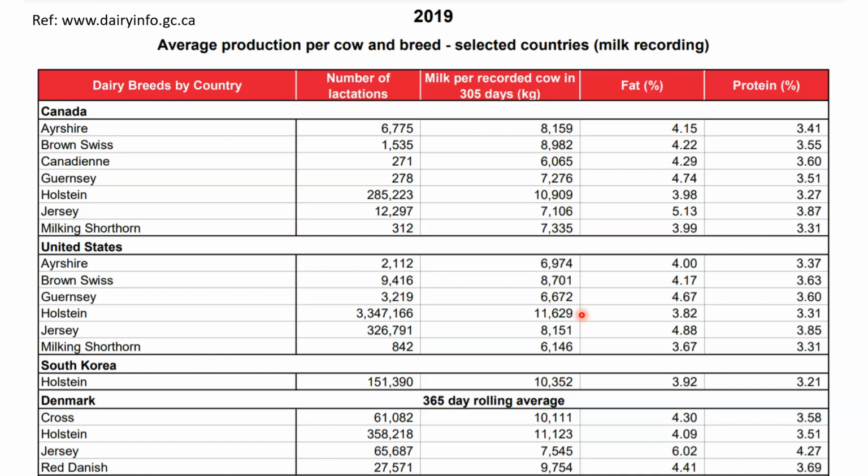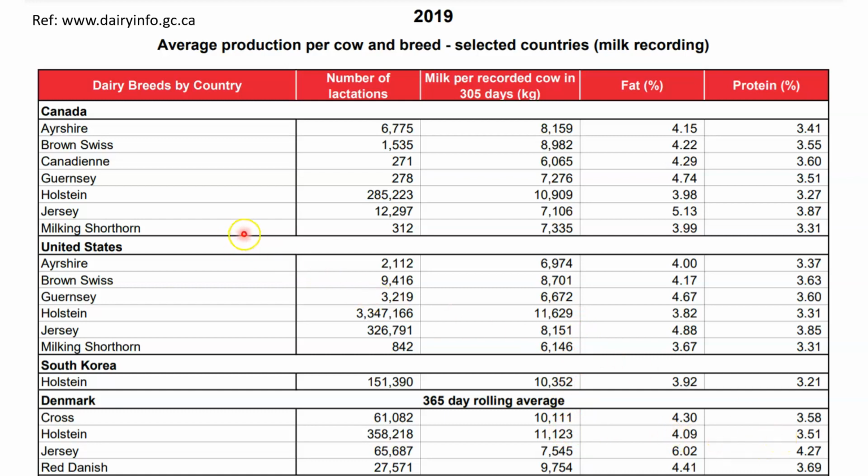That's about 6% more milk. Fat is lower than Canada, and protein is more or less the same, 3.27, 3.31. Now look at Denmark, Holstein. Milk yield is slightly lower but higher than Canada. Fat is higher, protein is higher.